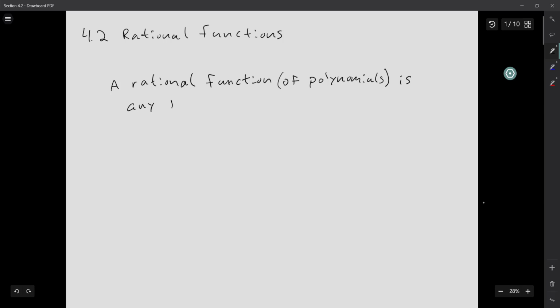So we're going to have any function of the form r of x is p of x over q of x. Now p and q are going to be polynomials.